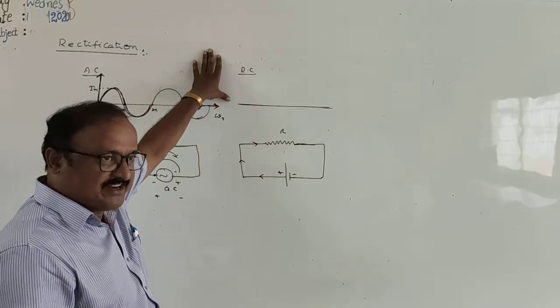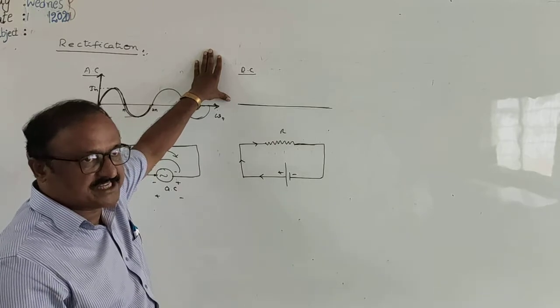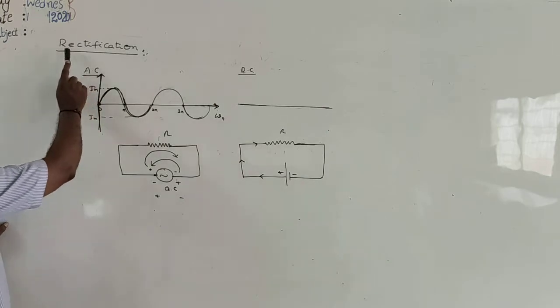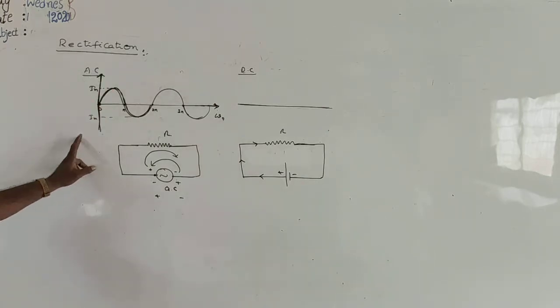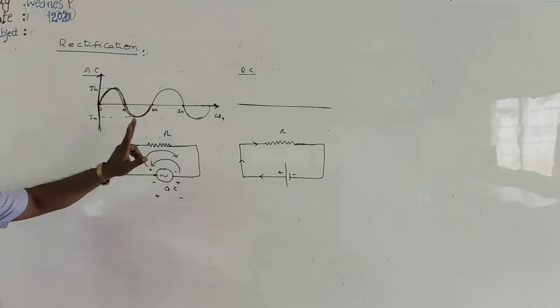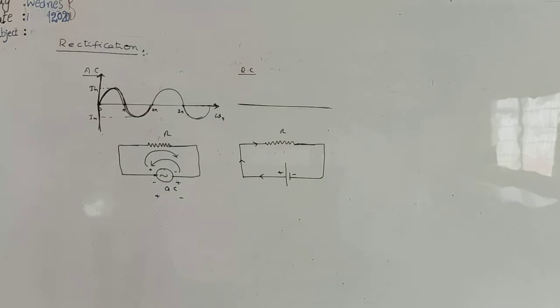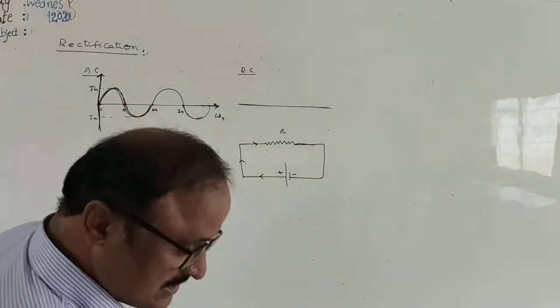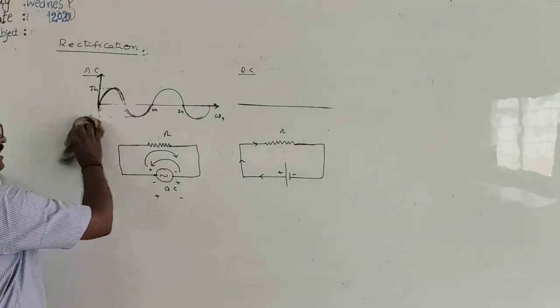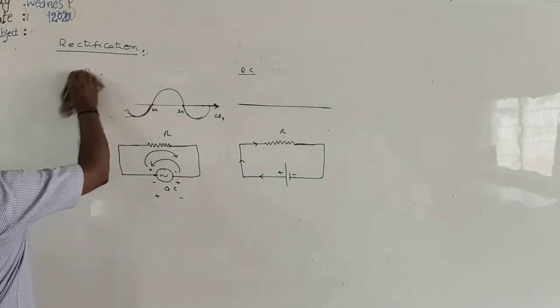The device in it is a component which converts AC into DC. The process of converting alternating current into direct current is called rectification, and the device used to convert AC into DC is called a rectifier. Please note the two points: what is meant by rectification and what is a rectifier?